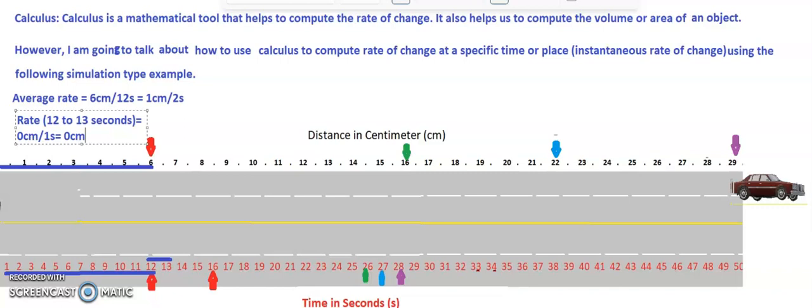All right, what's the rate at 12 seconds or very close to 12 seconds? It's gonna be the same, 0 centimeter per fraction of seconds. Could be any fraction of seconds. So the rate at 12 seconds is 0 centimeter. That's what a derivative means. This one really is a derivative idea.